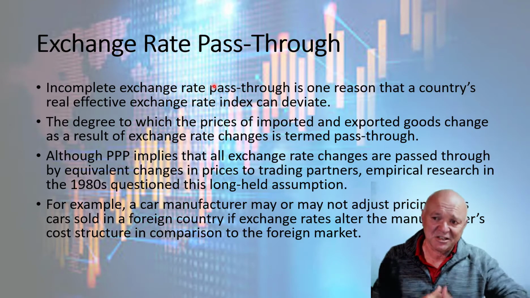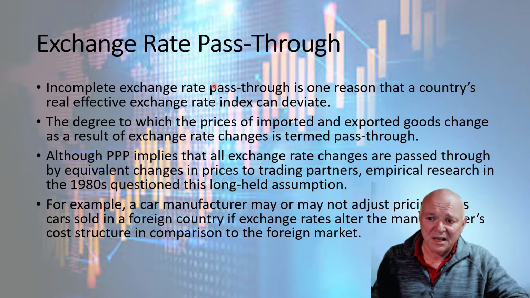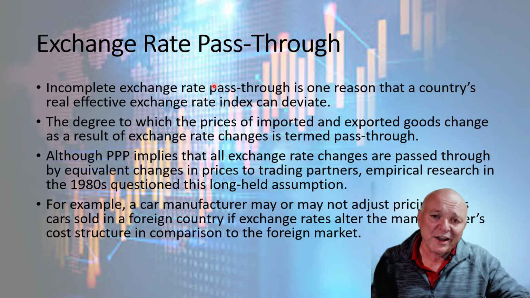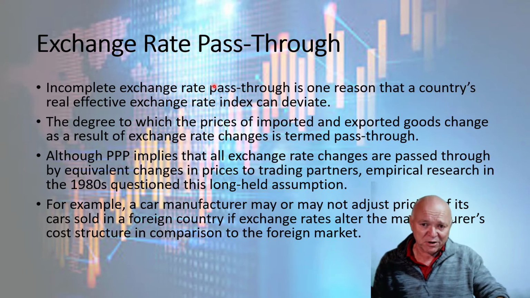So there's that stickiness in prices, and that leads to something called exchange rate pass-through. Essentially, that explains why a country can deviate from our expectations based on parity relationships for the short to medium term. So this particular term is the degree to which the prices of imported and exported goods change as a result of the exchange rate changes.